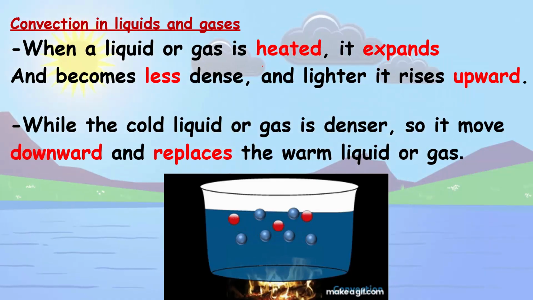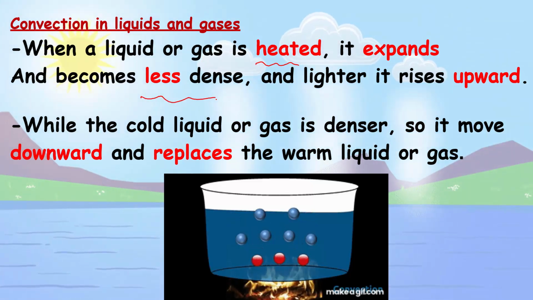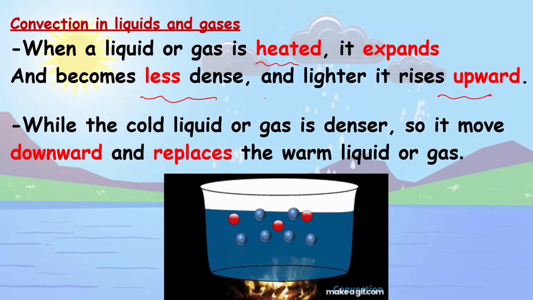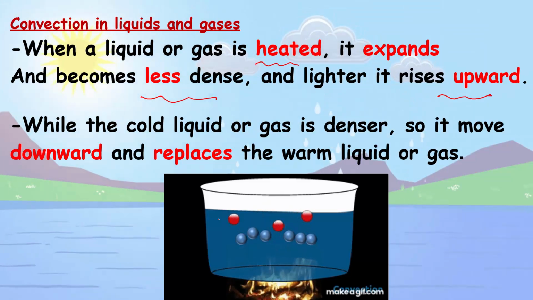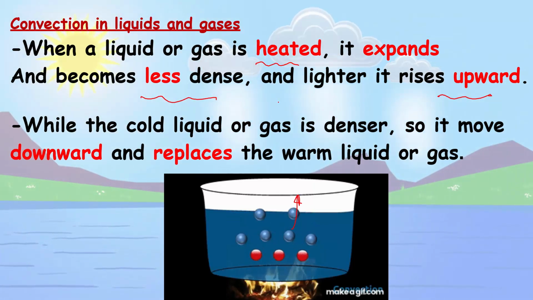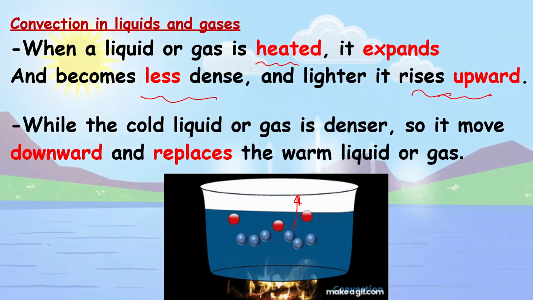When liquid or gas is heated, as we said in this example here, and becomes less dense, the lighter it is, it rises up. So the reason why the air or the liquid rises up is because it becomes less dense and lighter. And we notice the lighter thing rises up, while the cold liquid or gas is denser.